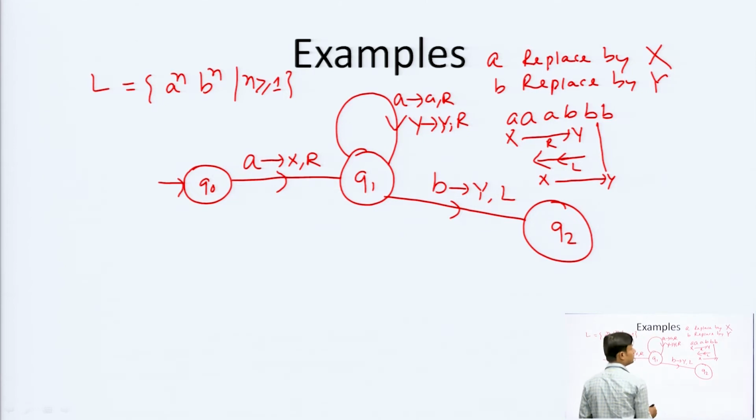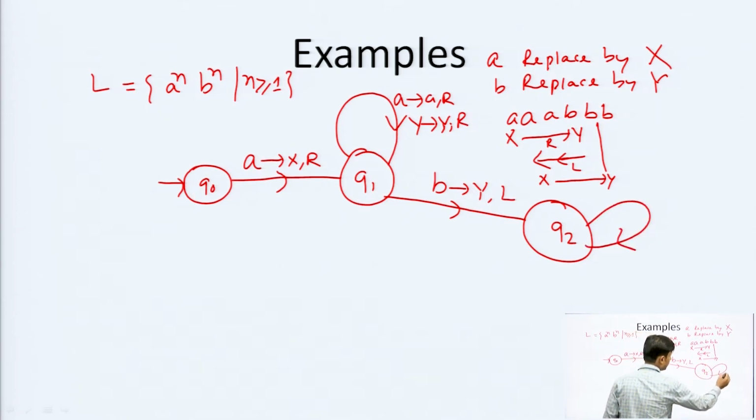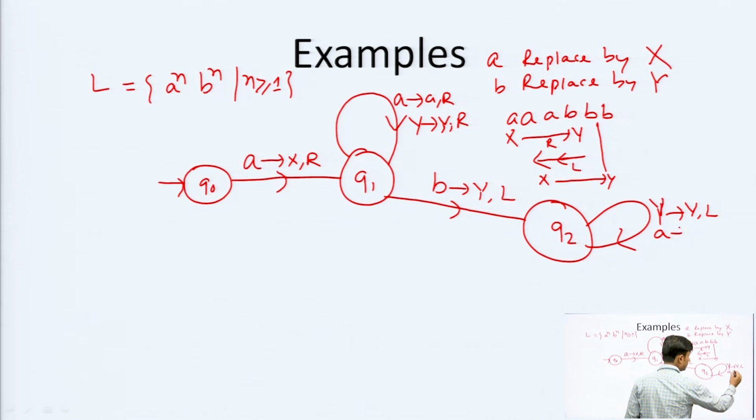In Q2, when you have to go back to the initial state Q0, you come back through the middle. So, here you will find B to Y L, some Y will be there and some A will be there, A to A L.